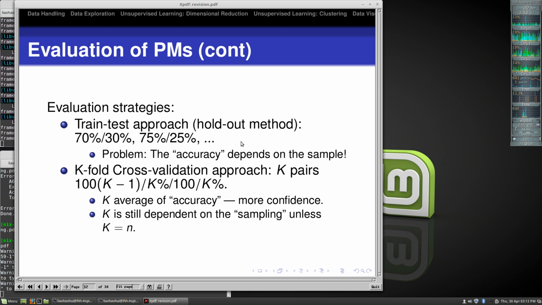In that case, we might have to go to something like 90-10, where 90% of the data are used for training. So what is the problem of this type of approach? The problem is that our accuracy actually depends on how we sample the data.